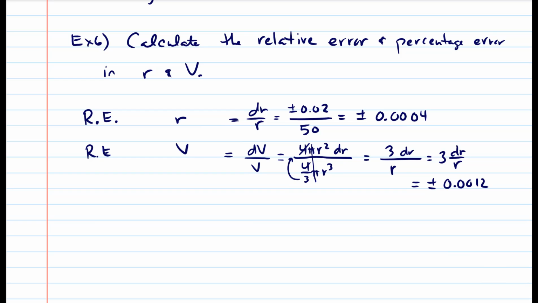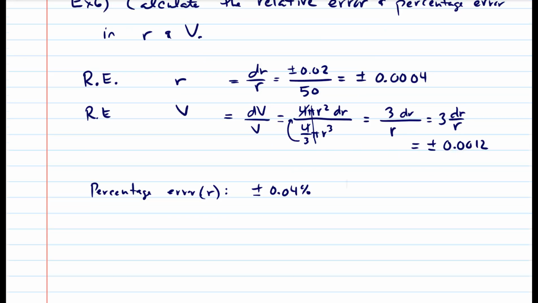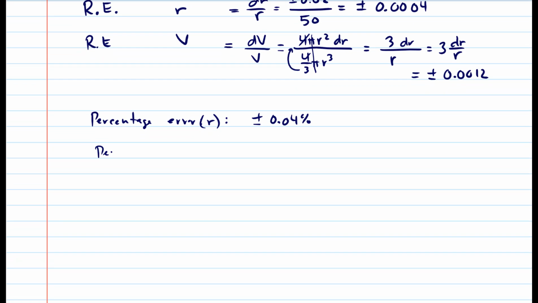What we're trying to get to eventually is percentage error. The percentage error for R is plus or minus 0.04%, and the percentage error for the volume is plus or minus 0.112%.